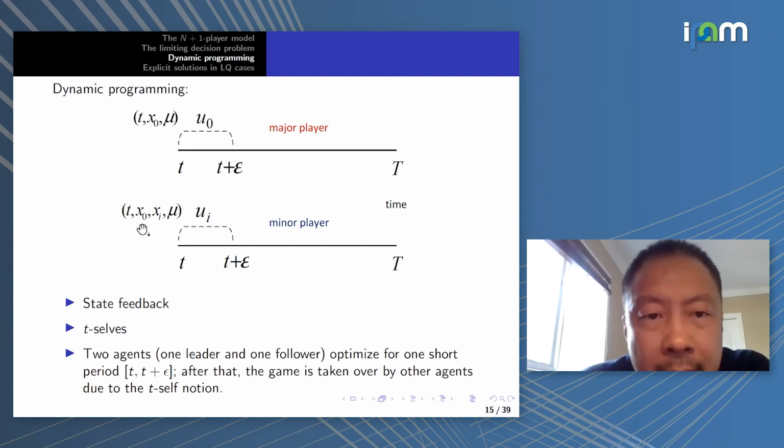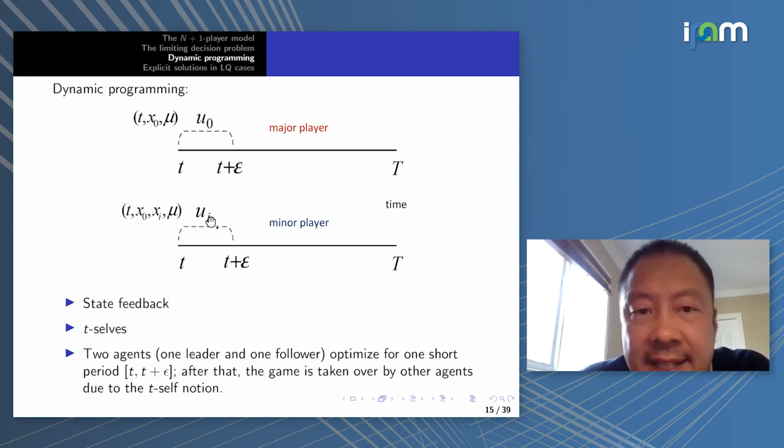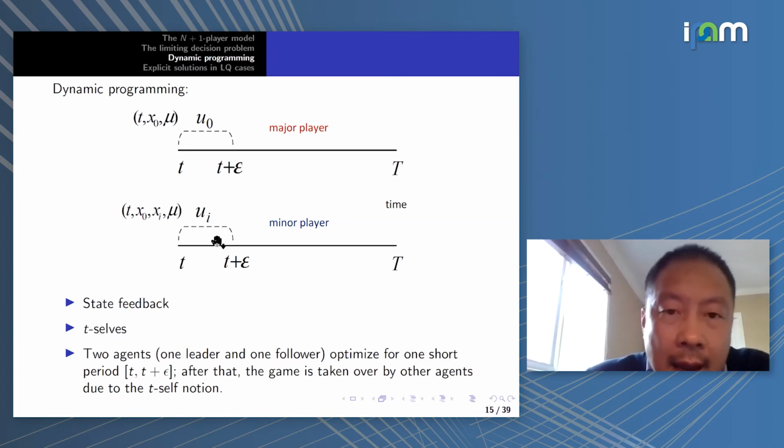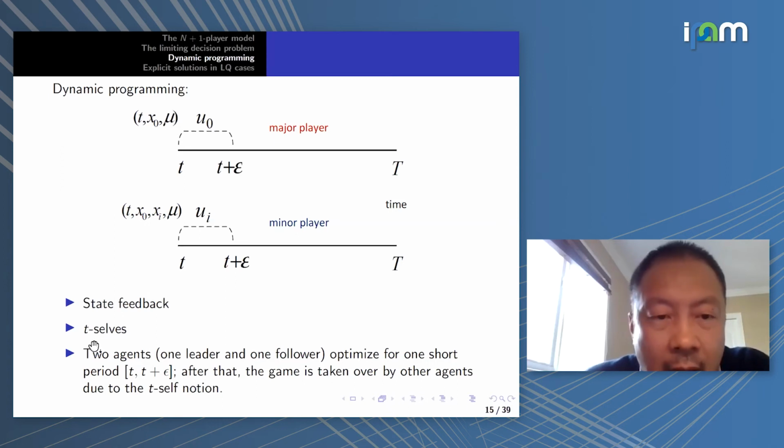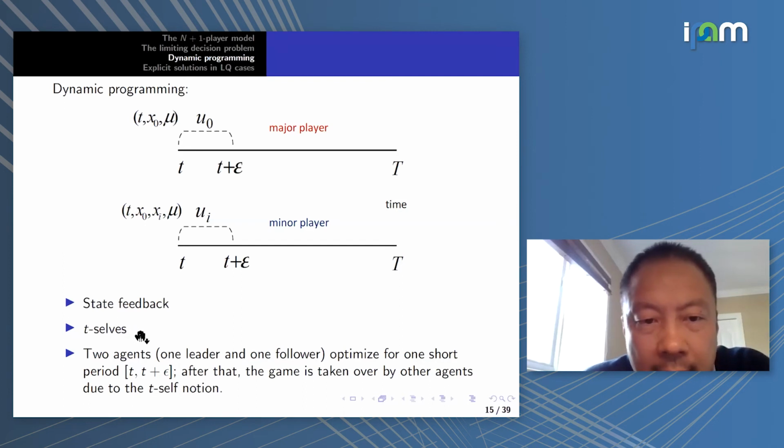For the minor player, its state consists of the major player's state, its own state, and the mean field, if we use i to index the minor player. Next we introduce a notion of t-selves, following the practice of Ekeland and his colleagues.